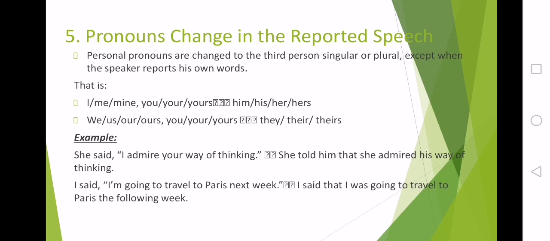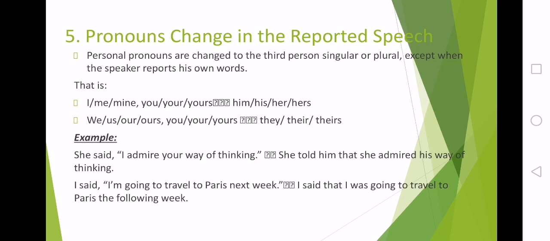If we have personal pronouns plural, we, us, our, ours, you, your, yours will be changed to they, their, or theirs. But if the speaker is reporting his own words, the pronoun will not change.